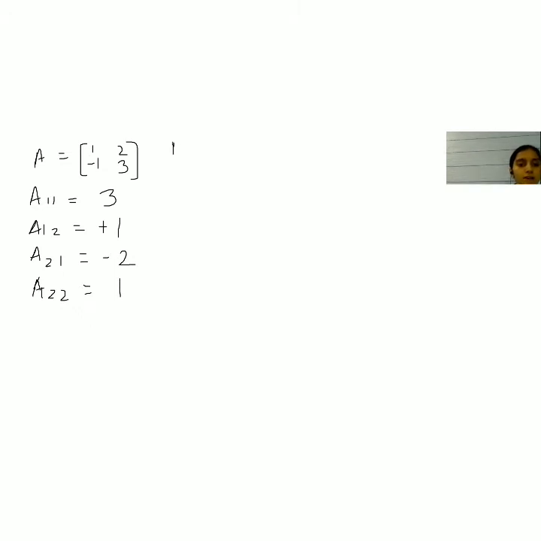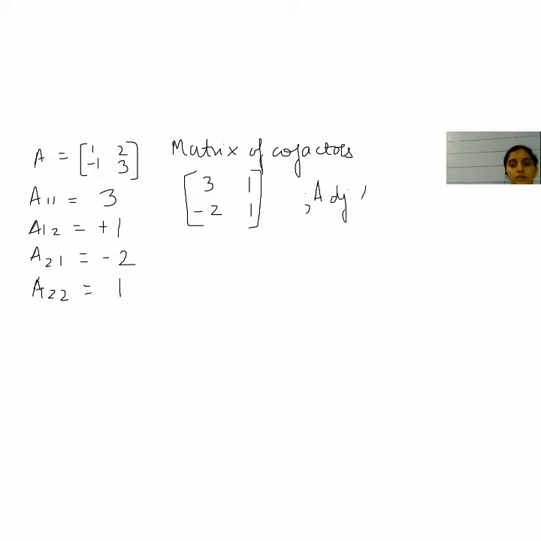Then next step, the matrix of cofactors will be [3, 1; -2, 1], right? Then the adjoint of A. What do we need to do? We have to take the transpose of the matrix of cofactors.